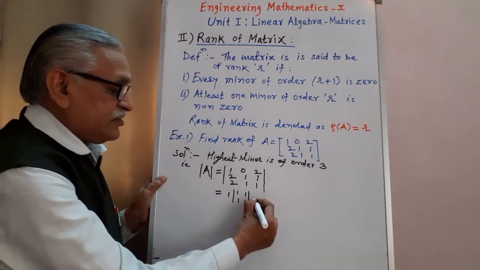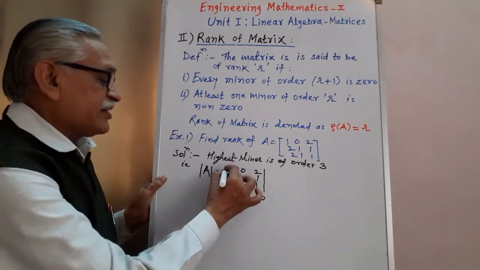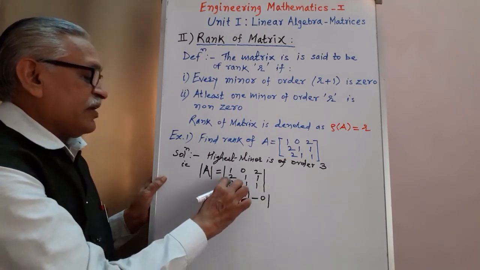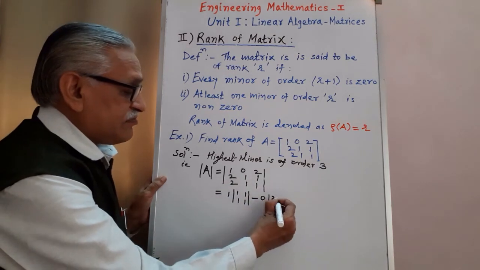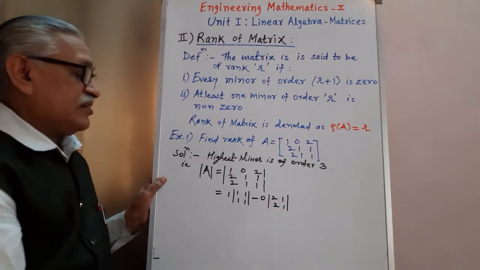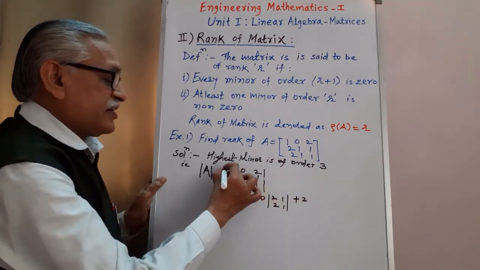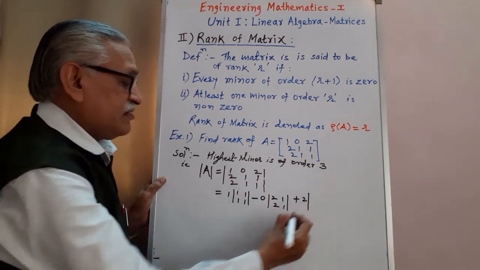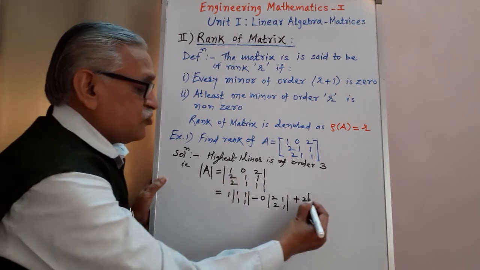Then the second element is 0 with minus sign, neglecting its row and column, into the determinant of the remaining elements. Remaining elements are 2, 1, 2, 1. Then plus 2, neglecting its row and the column containing it, and then the determinant of the remaining elements. Remaining elements are 2, 1, 2, 1.